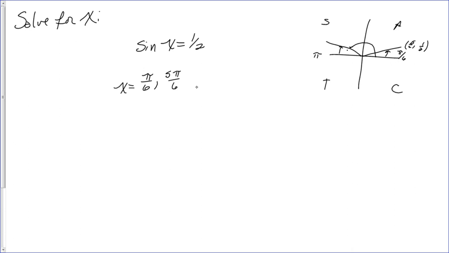All right. Now, this would be your complete answer if I asked you to go on the interval from 0 to 2 pi. Okay, which for this video, we're going to stick with between 0 and 2 pi. But we will get into writing generic solutions, meaning, yes, pi over 6 and 5 pi over 6 work, but so do other angles.